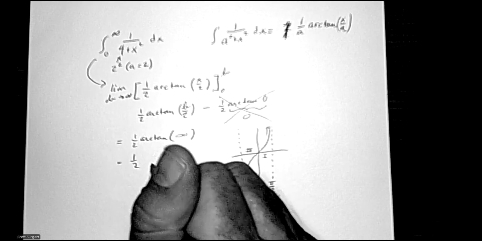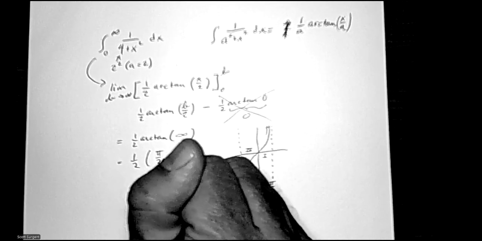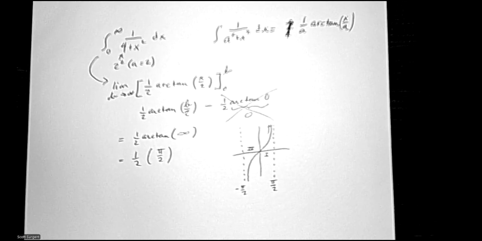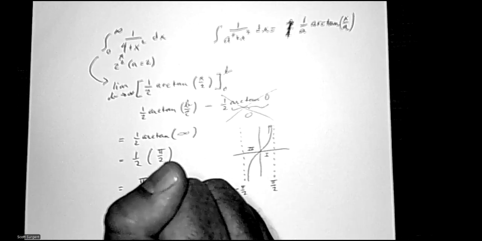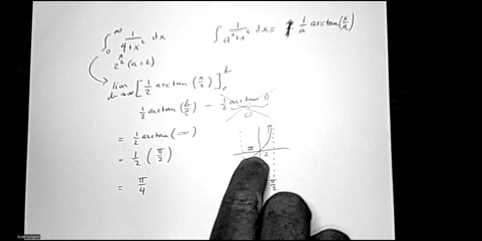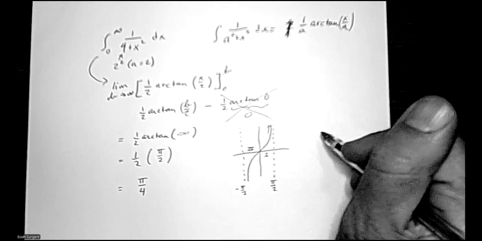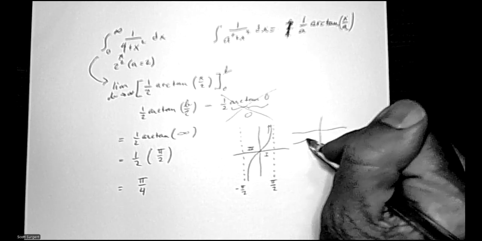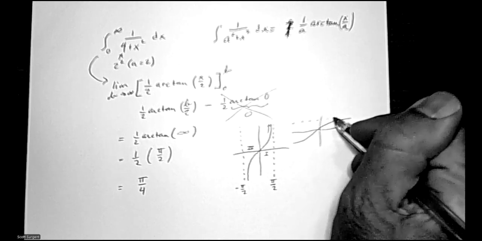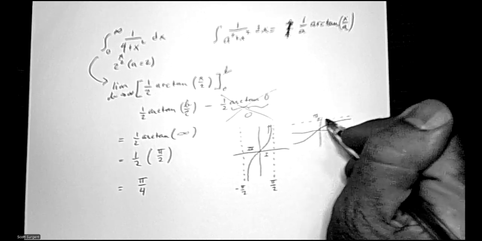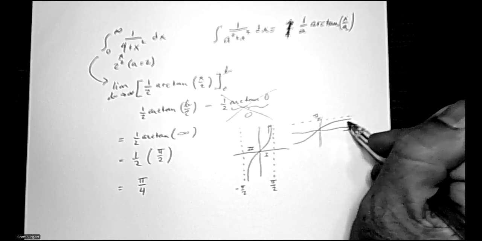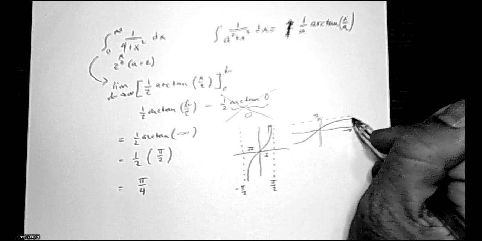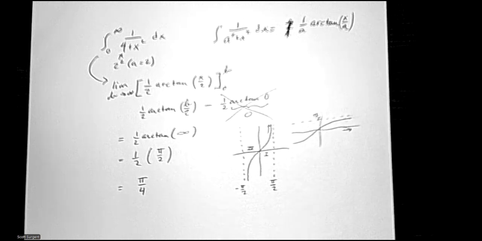It's going to be trending toward pi over 2. That's the tan graph right here, but the arctan is where you flip it and turn it like this. Suddenly this pi over 2 becomes there, and as you let the graph go to infinity to the right, it's just going to level off at pi over 2.